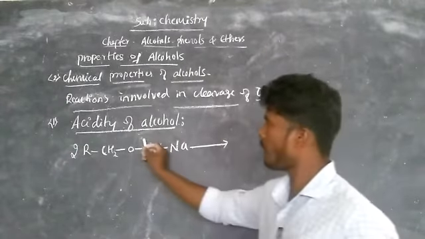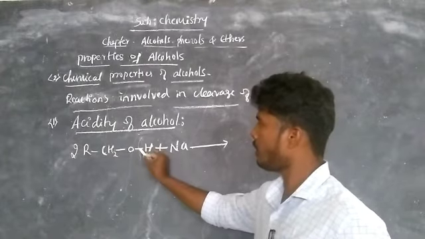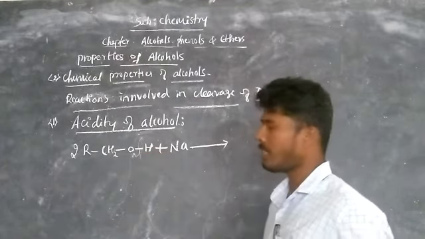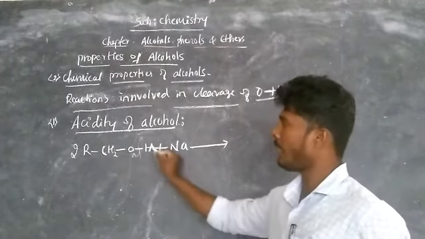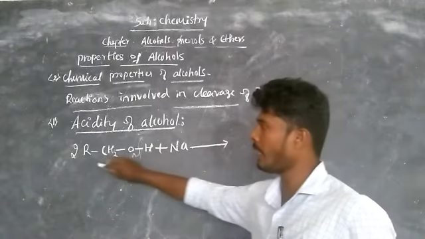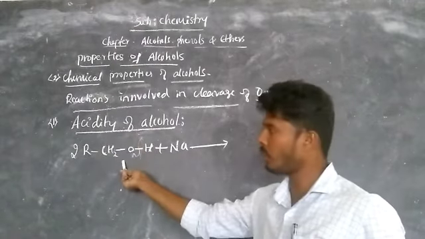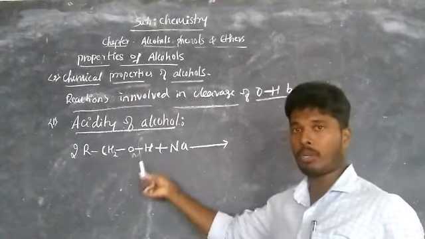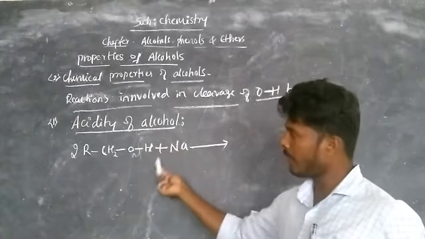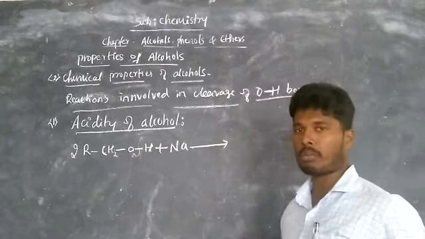Now this bond is cleaved. It means the bonded electrons move towards the oxygen side, and the hydrogen of one molecule and the hydrogen of another molecule combine together and form hydrogen gas.